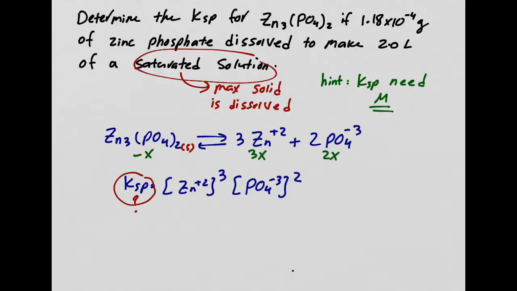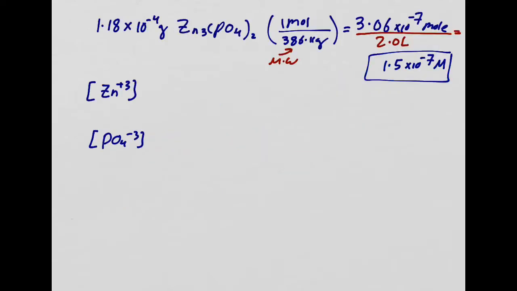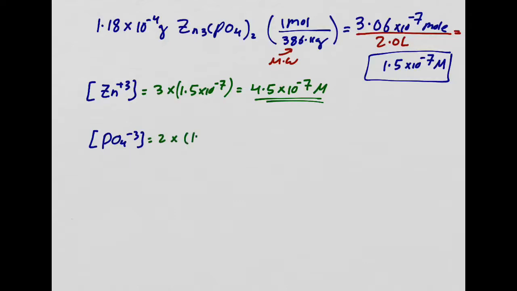So it's a 1 to 3 and 1 to 2 mole ratio. So 3 times 1.5 times 10 to the minus 7 gives 4.5 times 10 to the minus 7 molar of zinc in the solution. And 2 times 1.5 times 10 to the minus 7 is 3.0 times 10 to the minus 7 molar.